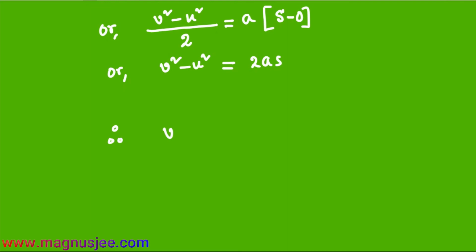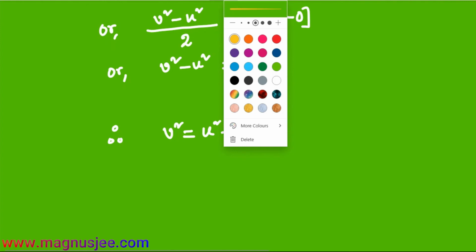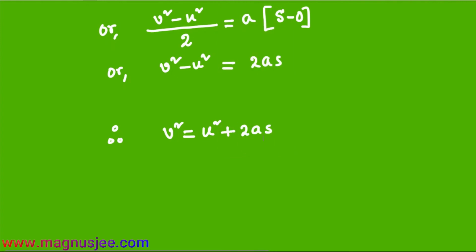Therefore, v square equals u square plus 2a dot s. Hence proved.